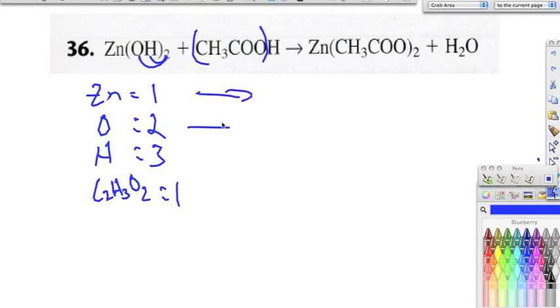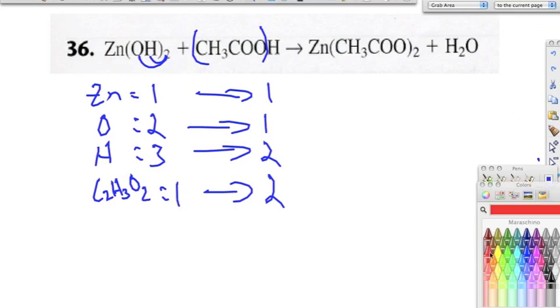Now in our products, we see that we have 1 zinc, we have 2 acetates, and we have 2 hydrogens, and we have 1 oxygen. Okay, so to balance this out, we need to put acetate. We need 2 of those, so we will put a 2 coefficient in front of our acetate, which gives us a 2 right here, and that means acetate is going to be 2.